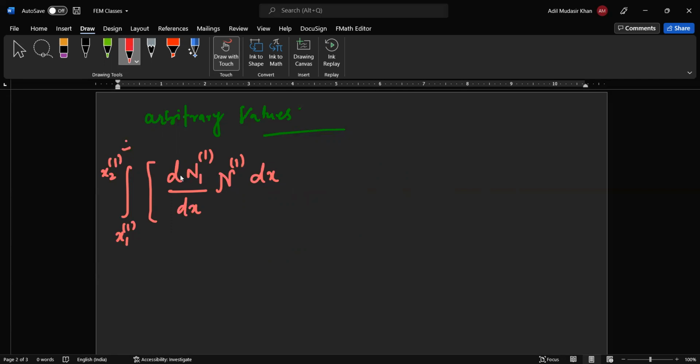Let's remove this bracket over here and start writing minus the integral going from x1 to x2 of t of x for element 1, or what we had written as n1 t of x. Okay, that's fine.